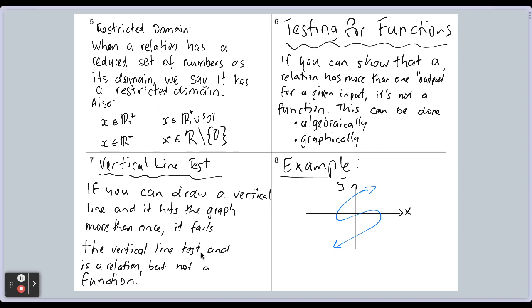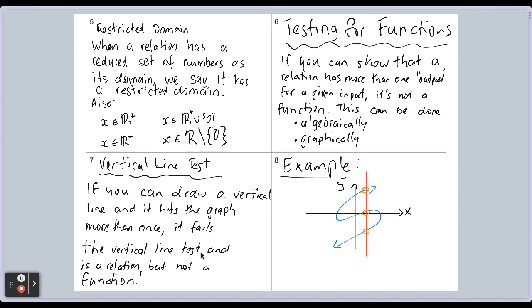Now, if I draw a vertical line like so, that's hitting the line here, here, and here.